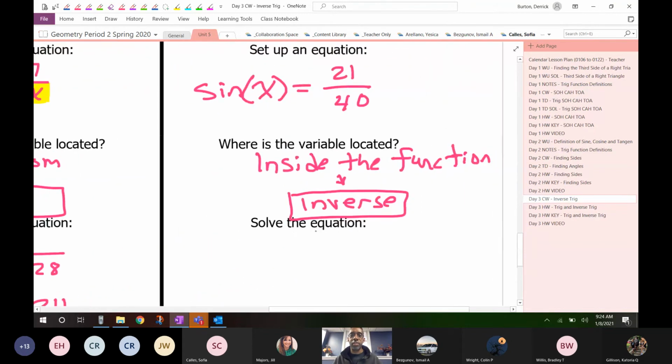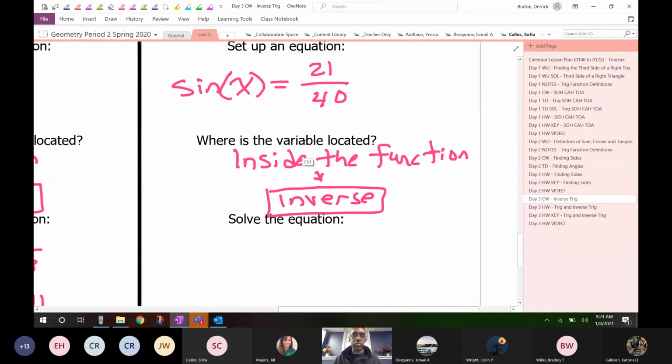And now this is the third and final situation. When the variable is inside the trig function, that's when you do the inverse. So we started with the sine function, so we will turn it into the inverse sine. And then these sort of switch places.